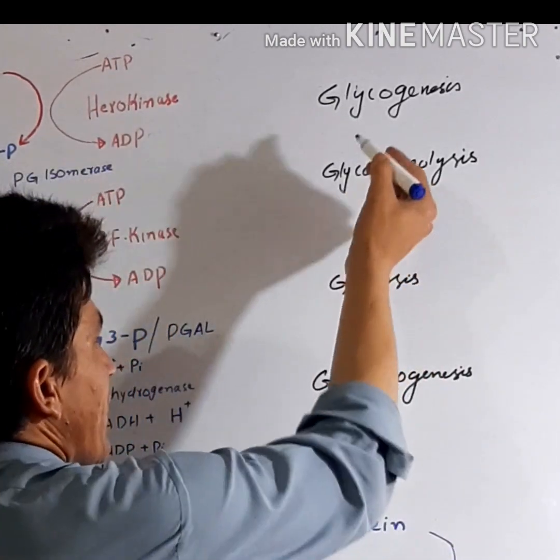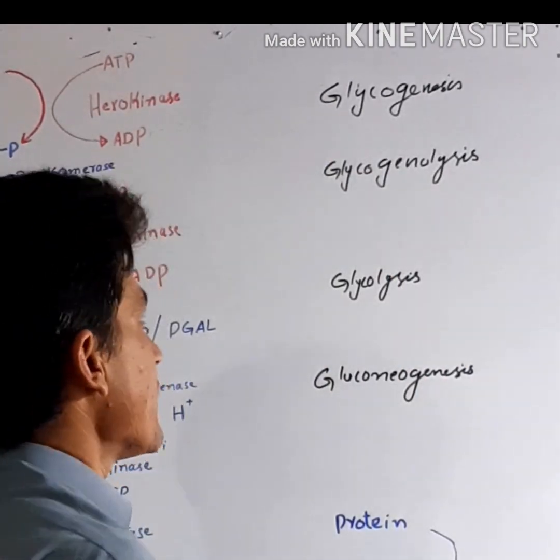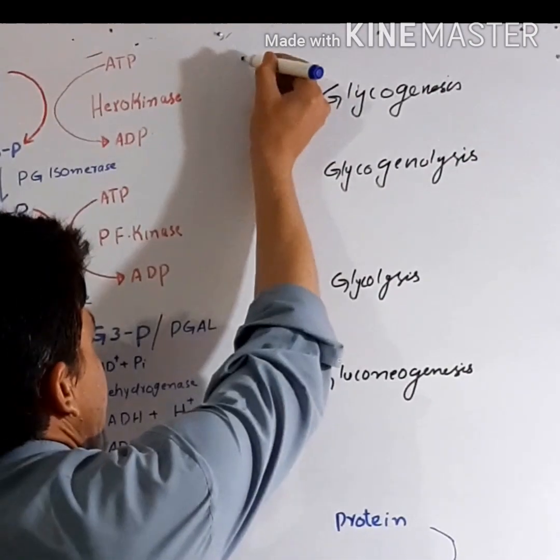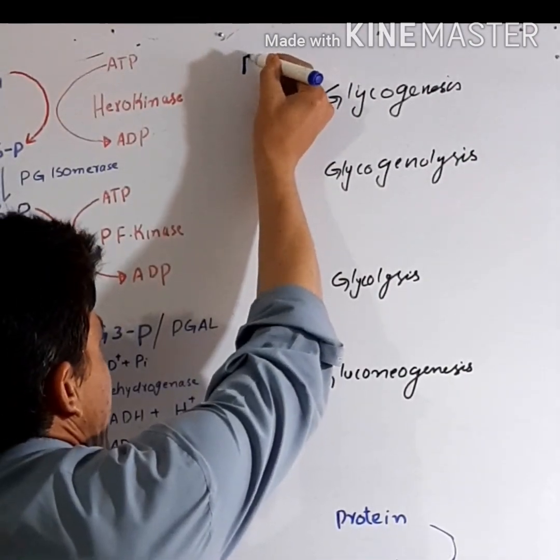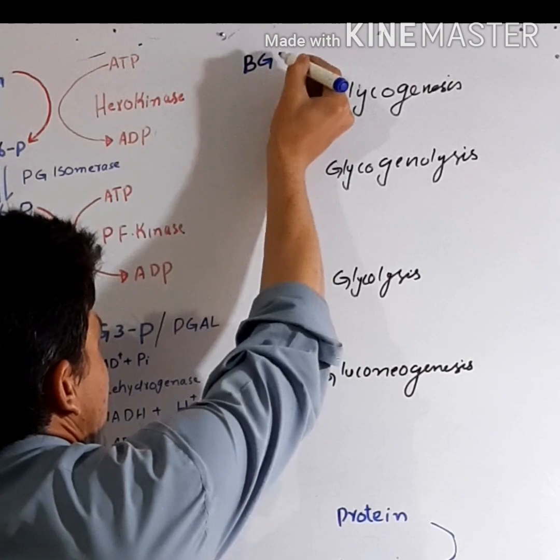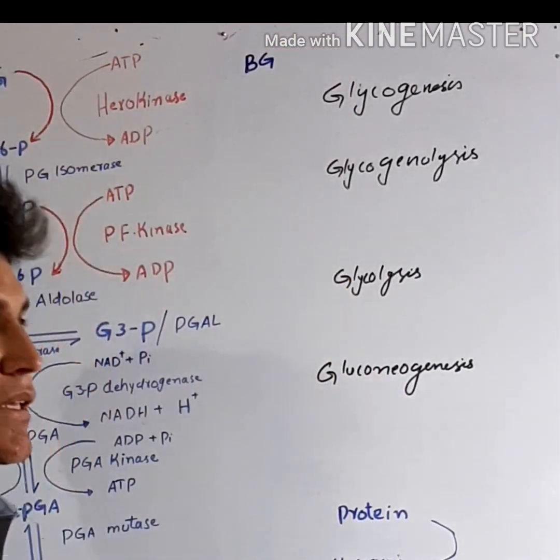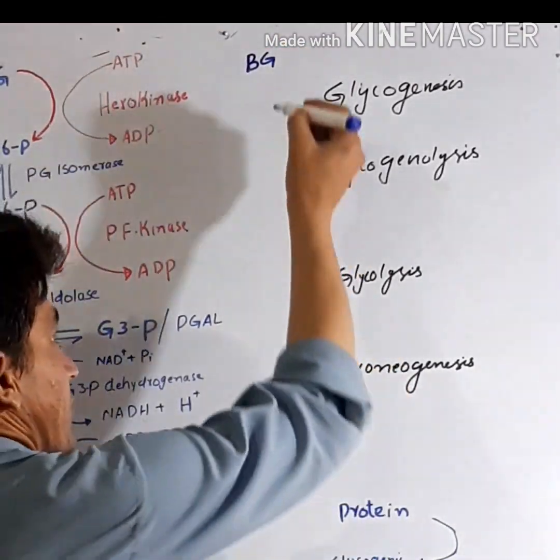What is meant by glycogenesis? After the meal, blood glucose level becomes higher than the normal range.